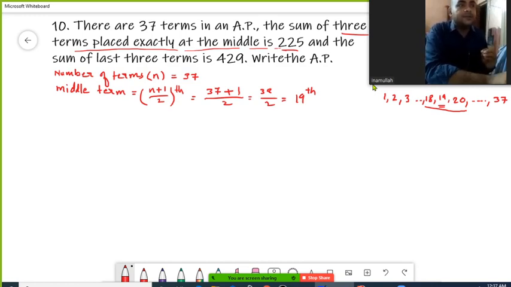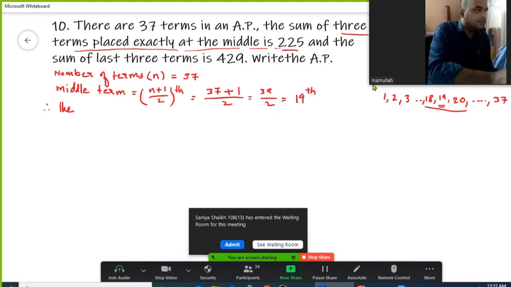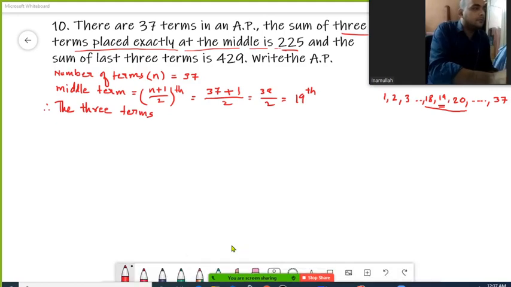These three terms are placed exactly in the middle of this arithmetic progression.